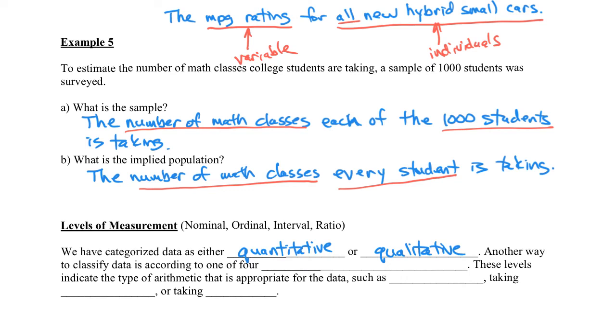Another way to classify data is according to one of 4 levels of measurement. These levels indicate the type of arithmetic that is appropriate for the data, but we're actually not going to cover this. When I first started teaching, I didn't cover this.